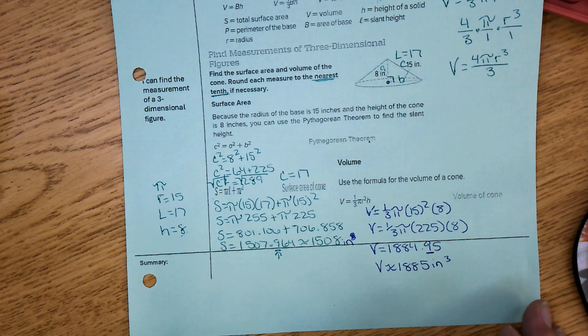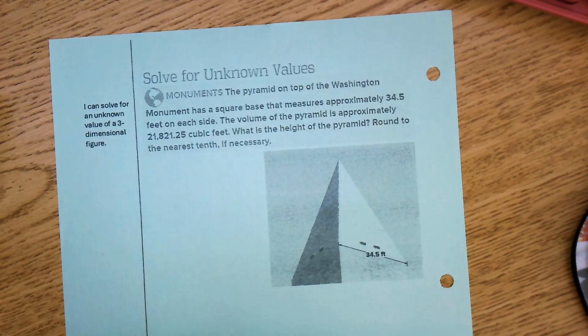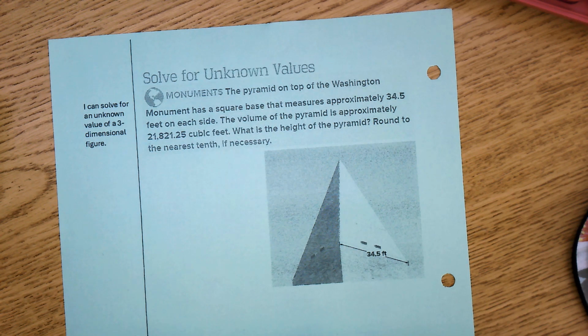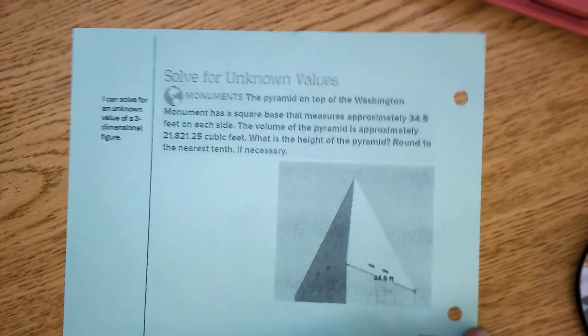Now let's do a real world example. On the back, we're going to talk about the pyramid at the top of the Washington Monument. If you've ever been to the Washington Monument, it's kind of cool. I actually did something wrong in class when I calculated it. No one called me on it.